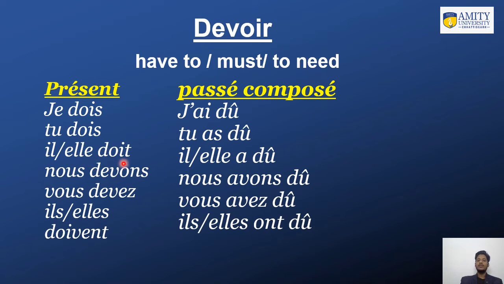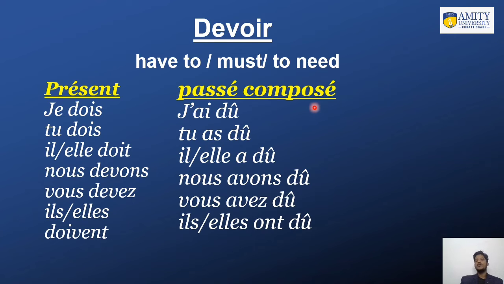Nous devons, we have to, we must, we need to. Vous devez, you have to. Ils doivent, elles doivent: they have to, they must, they need to. So this is the conjugation of présent. Again: je dois, tu dois, il doit, elle doit, nous devons, vous devez, ils doivent, elles doivent.